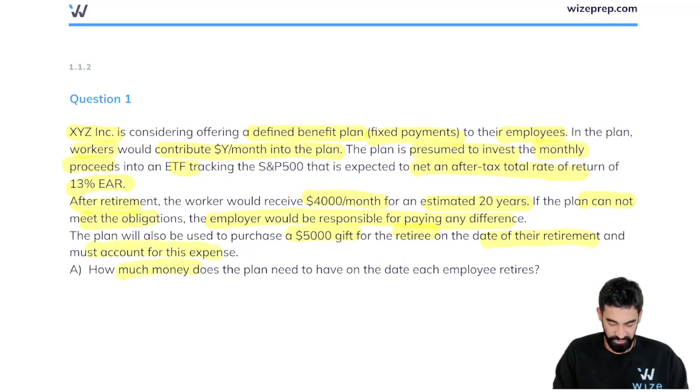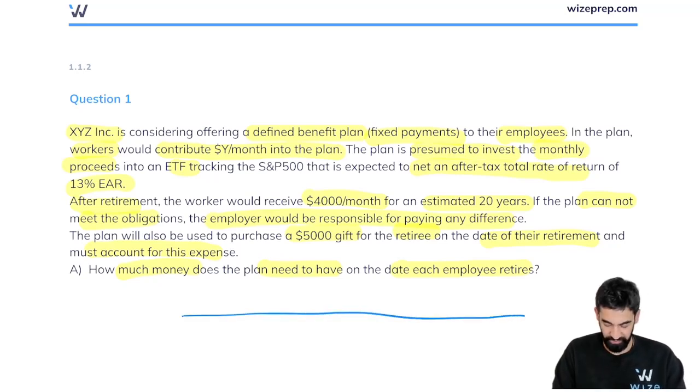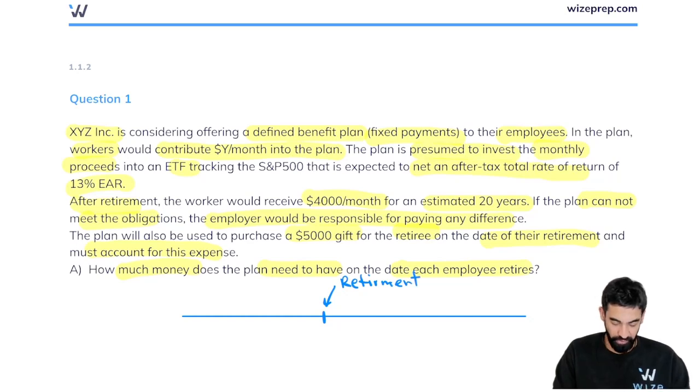And A says, how much money does the plan need to have on the date each employee retires? Okay, so for this, it would help to make a little timeline. So here, let's say you have the date of the retirement. And after retirement, it tells you that the worker would receive $4,000 a month for an estimated 20 years.